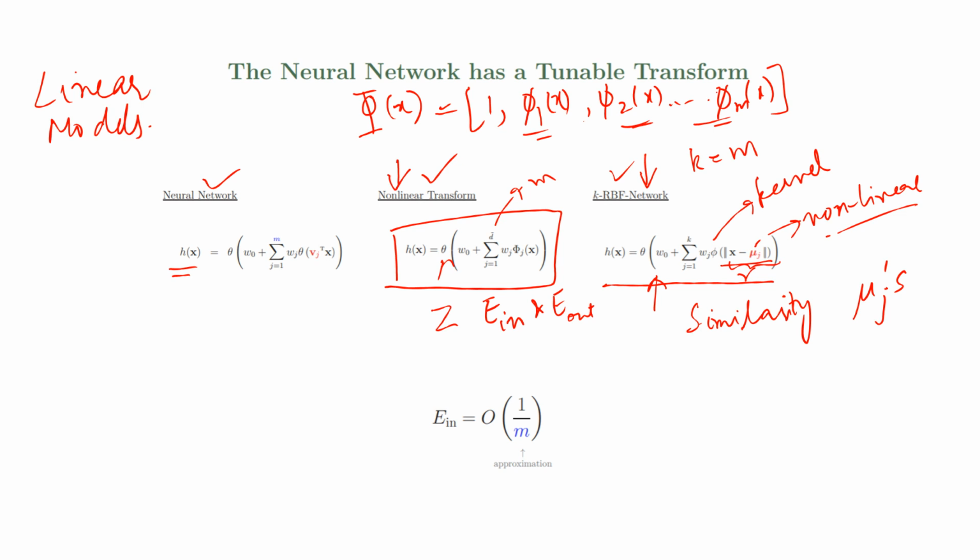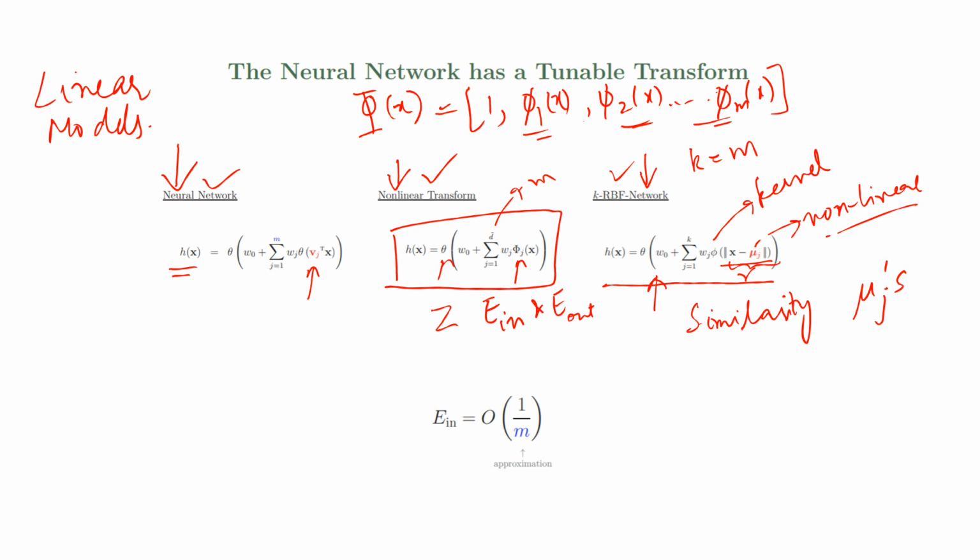Now, what is happening in my neural network? Well, in my neural network, the feature transform is the perceptron. For example, the Vj's are the perceptrons. They are analogous to my phi j's in my nonlinear transform here. The Vj's and the phi j's are somewhat similar.